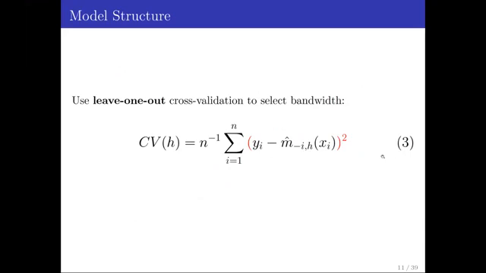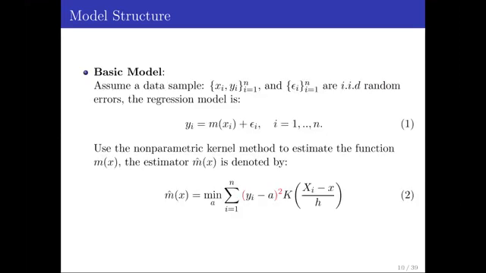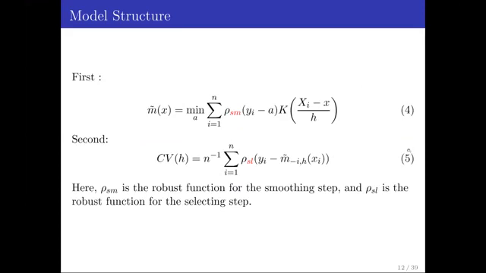So that's the main reason why we think it's necessary to introduce a robust function instead of just using the square function here. Because of that, we rewrite equations 2 and 3 as 4 and 5.